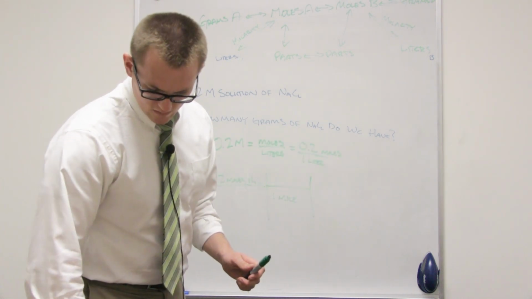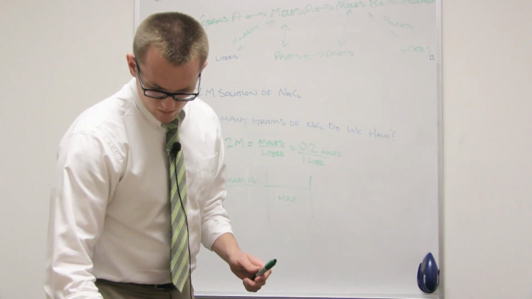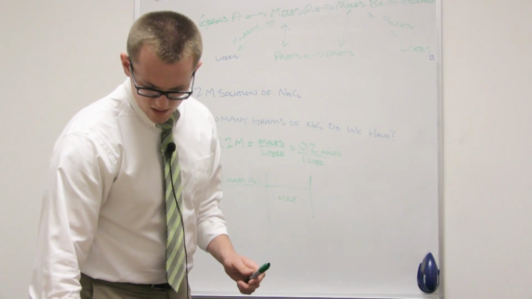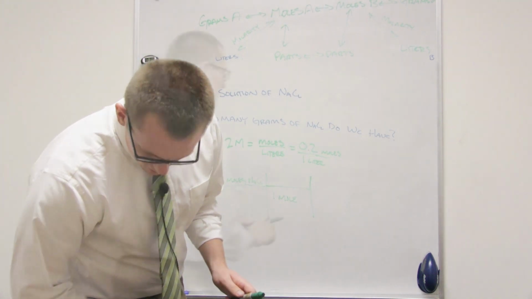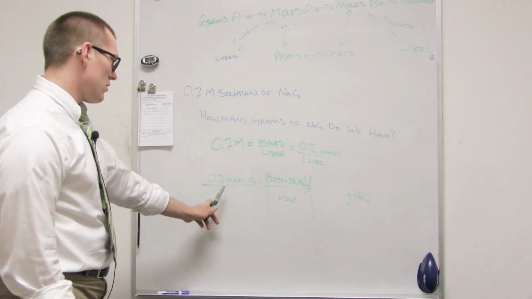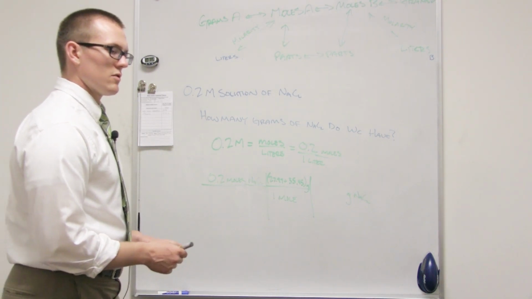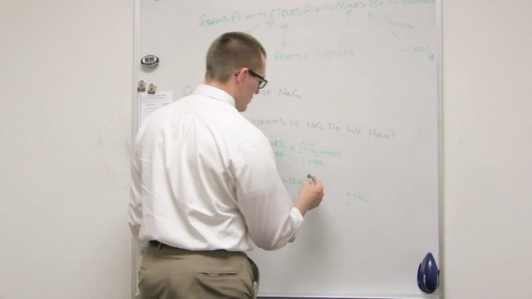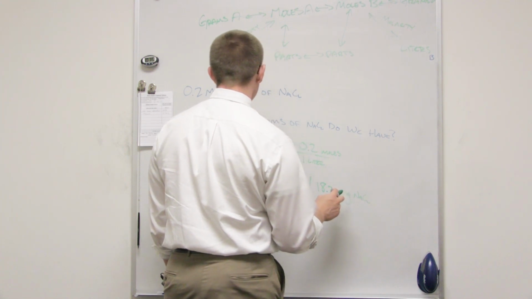So for grams, I got 18.77. Okay, I'm just looking up my handy dandy periodic table real quick. I don't have a calculator, but this is the math that we would do. Is that the same math that you did? Yeah. So what did it give us? It gave us 18.778. And let's look at our sig figs.